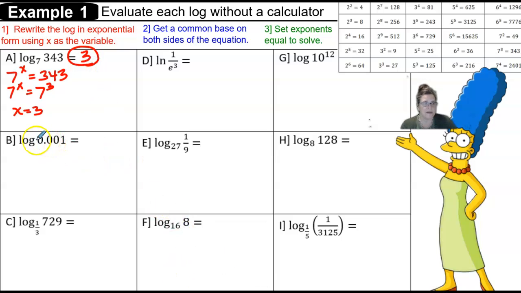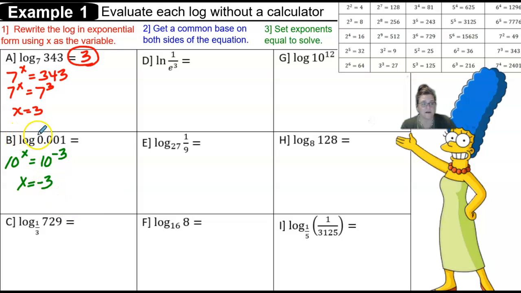Okay, example B, we have a common log because there's no subscript, so that's the same as base 10. So 10 to the x equals, and then 3 decimal places over would be the 1000th place, which is 10 to the negative 3. Now that my bases are equal, I set the exponents equal, and x equals negative 3.